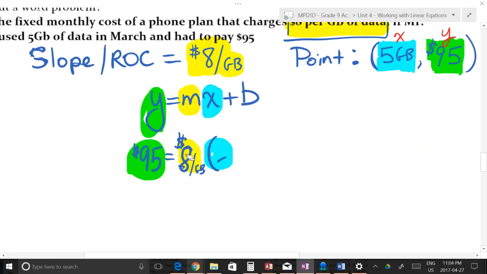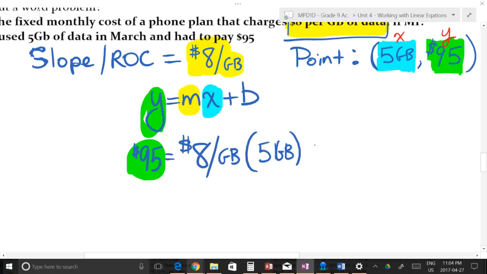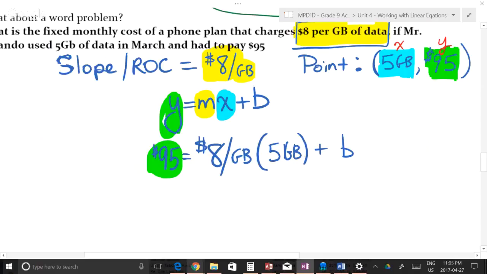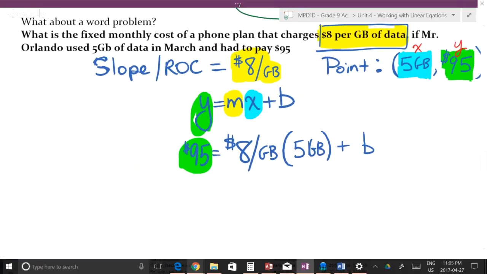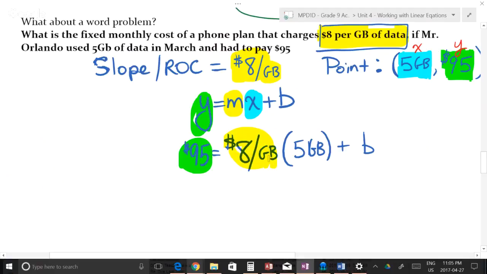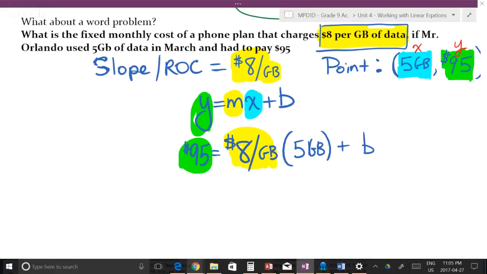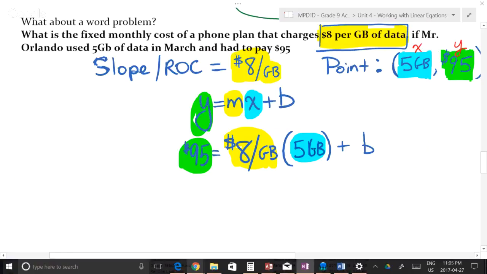Well, that didn't work well. I'm just going to have to go ahead and erase that. That's $8 per gigabyte times the 5 gigabytes I used, plus b, plus whatever that starting value is, whatever that initial value is. All right, and let me go ahead and recolor these. So that number is the slope. And that number is that.